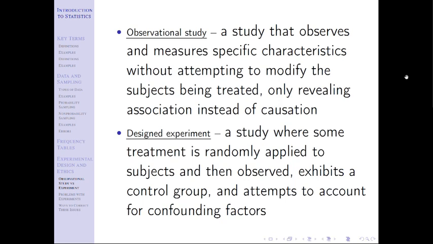If it's an observational study, I'm just going to say this group tended to look this way and this group tended to have this happen, but I can't really say that there's a cause because there's other reasons that could be the cause because they naturally were the group that was smoking or not smoking to start with. So I don't know what the cause was necessarily. That doesn't mean it wasn't caused. It just means I can't conclude that. Okay, so those are the differences between an observational study and a design experiment.